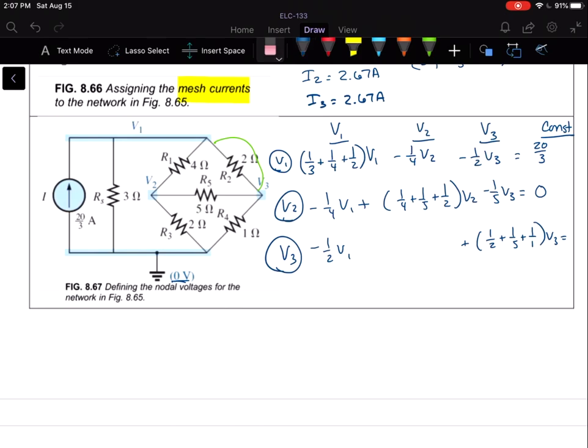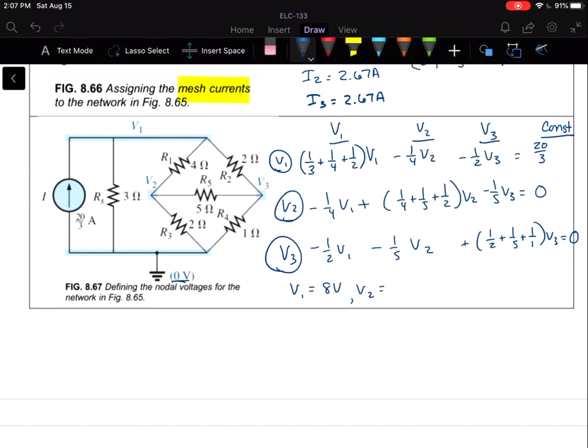And then we're going to subtract anything that V3 is connected to V2 as well. So the 1/5. And then on the right hand side of the equation, any current sources connected to V3, which we have none, so that will be 0. Plug this straight into our calculator, and we should get V1 is 8 volts.